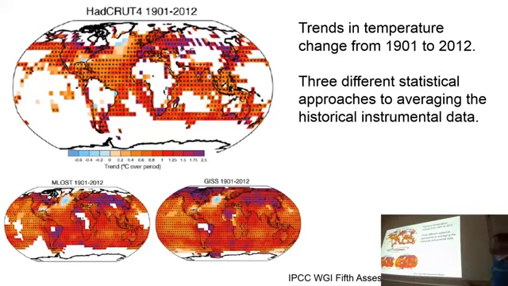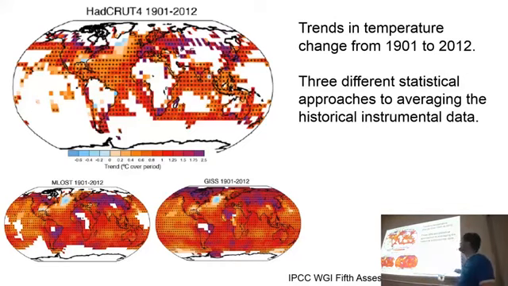This one is by a group in the Hadley Centre, which is based in the University of East Anglia, and they've just taken wherever there's one of these pixels, that's where there is some data.